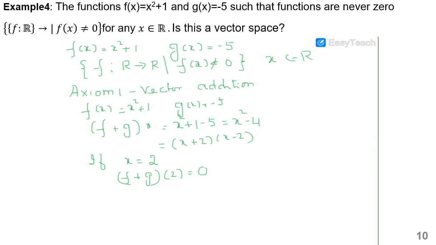So, therefore, I can write that it is not closed under vector addition. So, therefore, not a vector space.